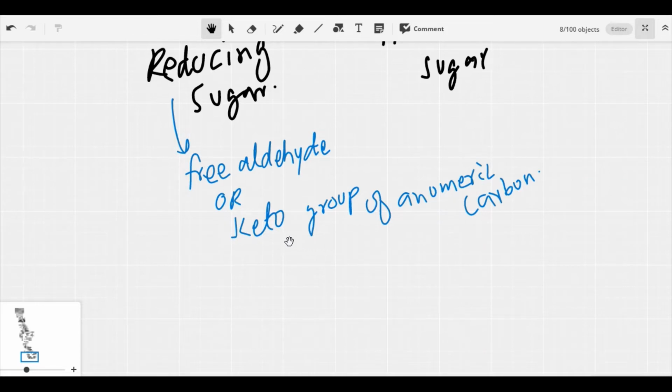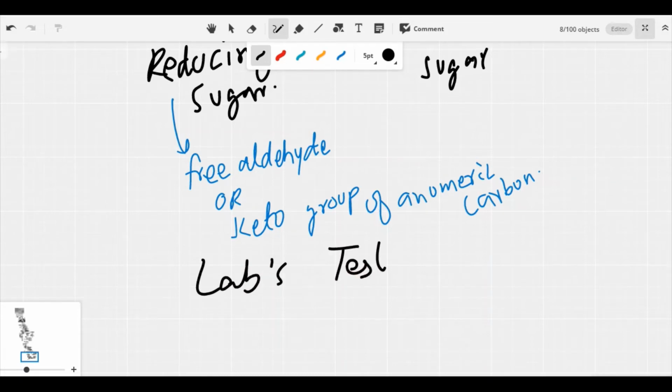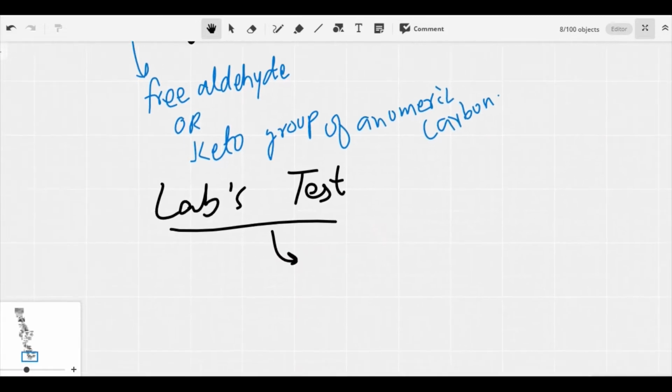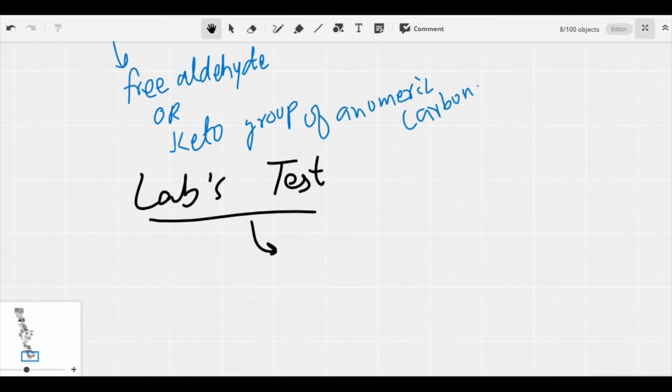Okay, now in the laboratory there are different types of lab tests for monosaccharides to identify the reducing sugars or the reducing action of the sugar.